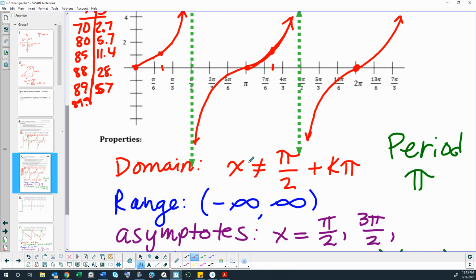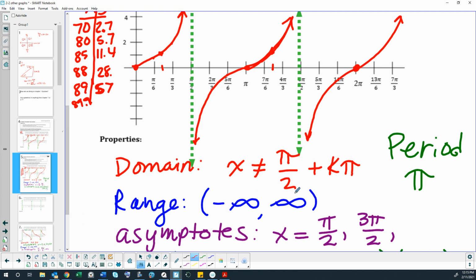So this is our set notation with saying x can be anything except for pi halves plus any values of k pi, because if we add pi to that, we'd have 3 pi halves, add pi again, we'd have 5 pi halves, subtract pi, we would have negative pi halves, and that's always where our asymptotes are going to hit.